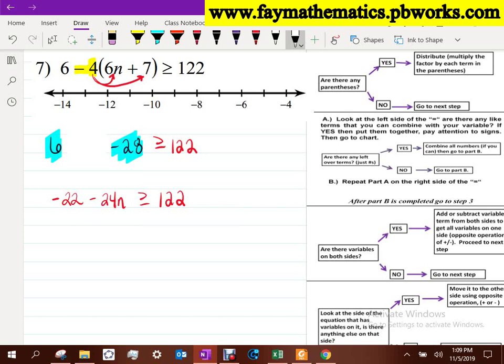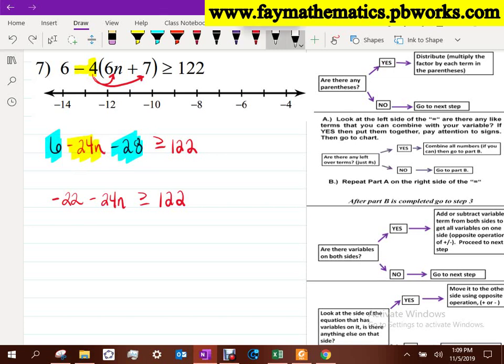That's why I like to highlight it, because when I highlight, I know this is still there, but visually I'm looking at just the blue stuff, so it's 6 minus 28. But you've got to remember that, because some people will highlight this, but they won't realize, and think, well, 6 and 28, they're both positive, so they'll add them. So make sure that we take the signs that are with those numbers.